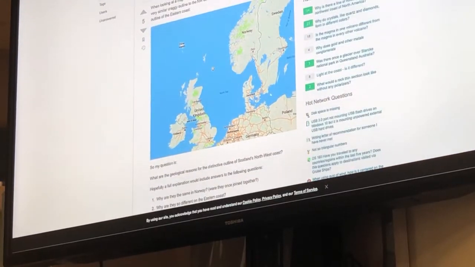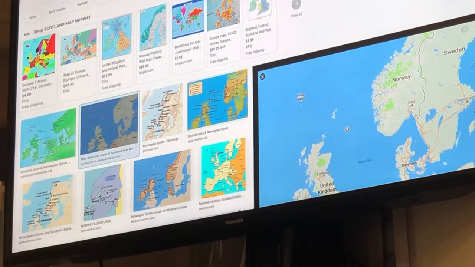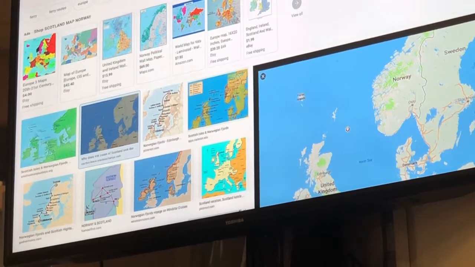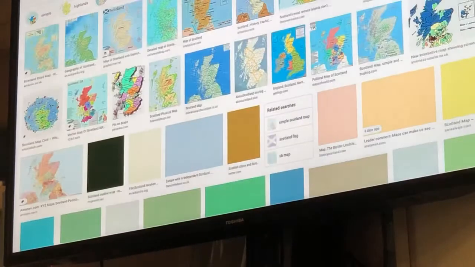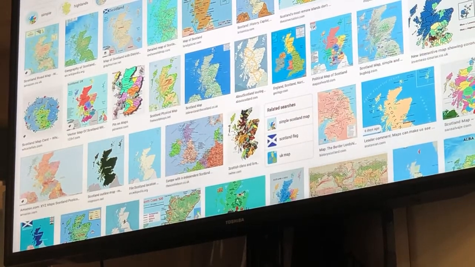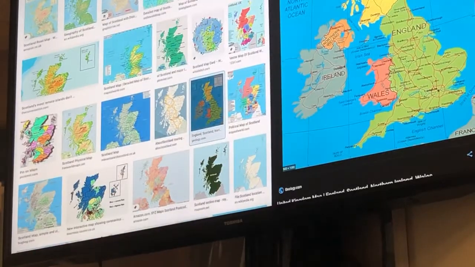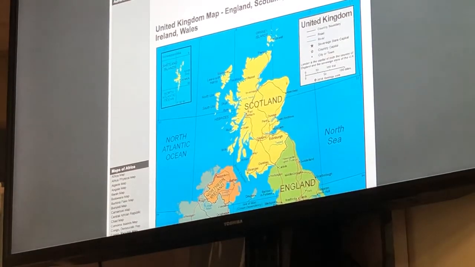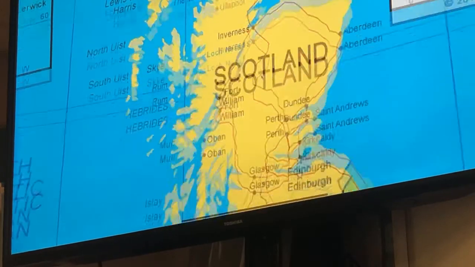All right, so now let's get rid of Norway. Just a Scotland map will do. Let's see if they have Inverness on this one. And they do. Okay, this is where we're going. So there's all of Scotland.